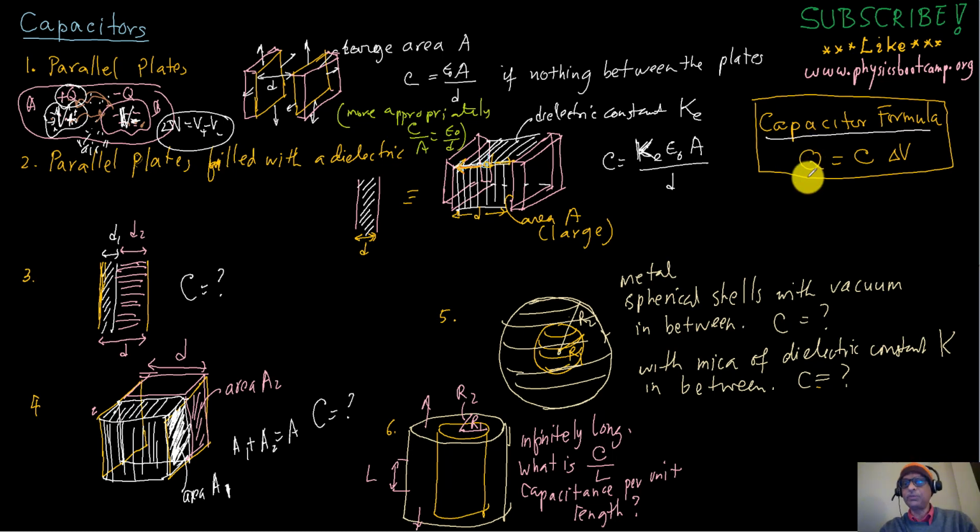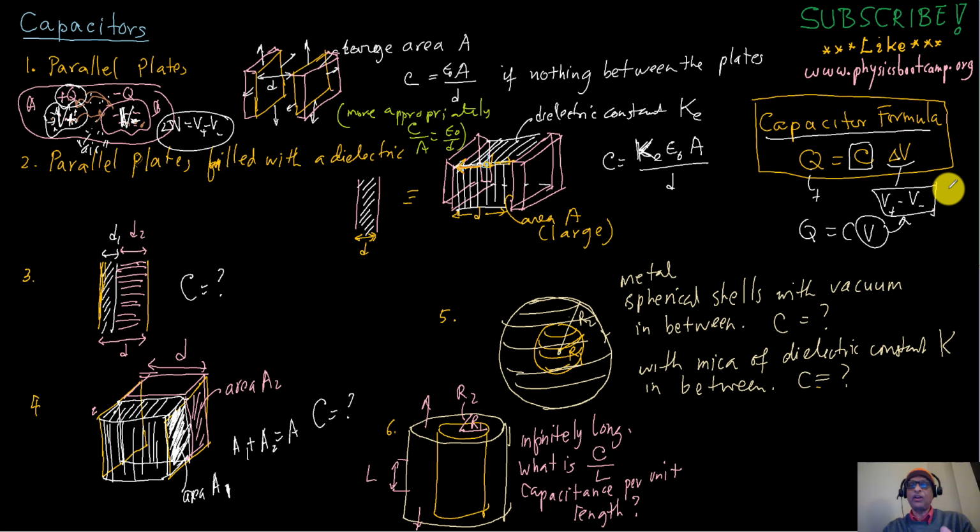So Q is usually positive, and C is called capacitance. The ratio of this to this is the capacitance, and delta V is just V plus minus V minus. It's important to know that this formula is Q equals C times delta V, but this V is actually the difference between the positive plate and the negative plate.